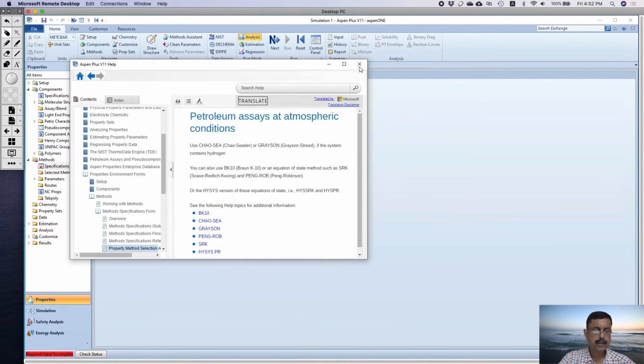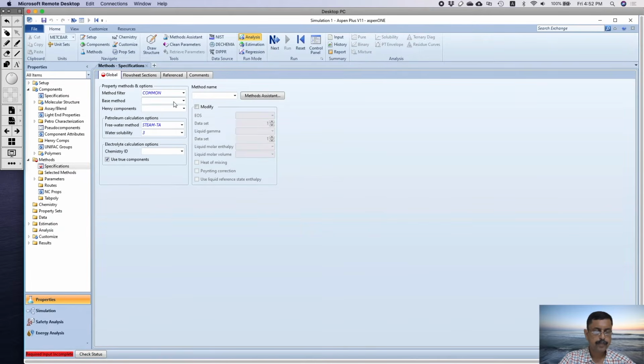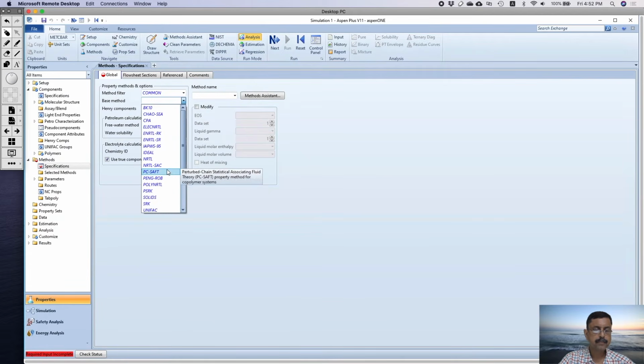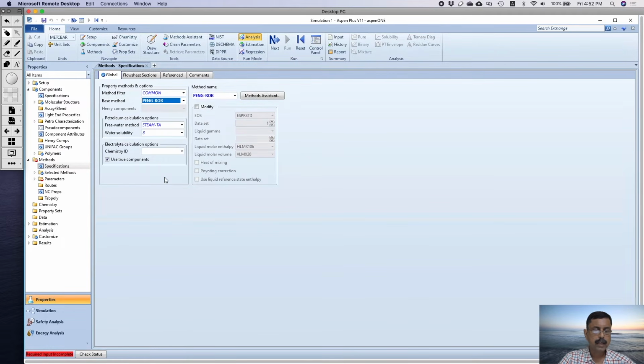So base method is Peng-Robinson, and here you can modify. You can modify the equation of state method, liquid molar enthalpy, molar volume, etc., heat of mixing if you have. So you can modify your Peng-Robinson method based on some extra data that you may have. We don't have any such data, so we can just go forward with next.